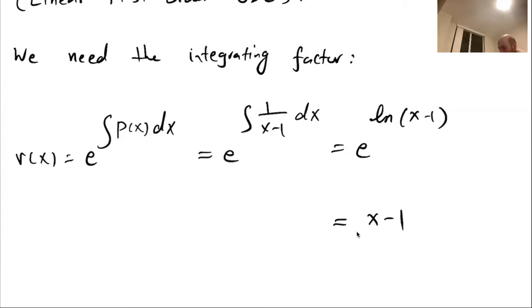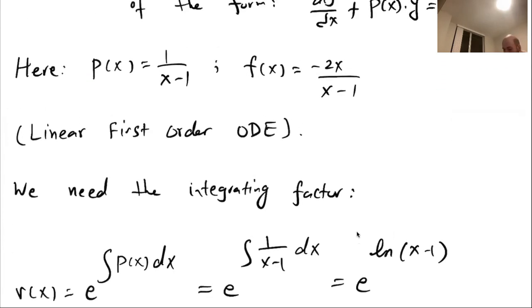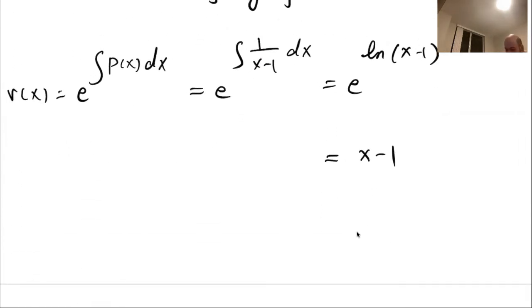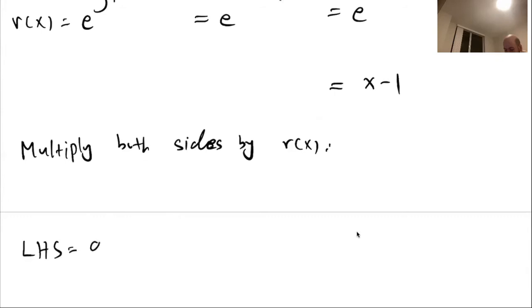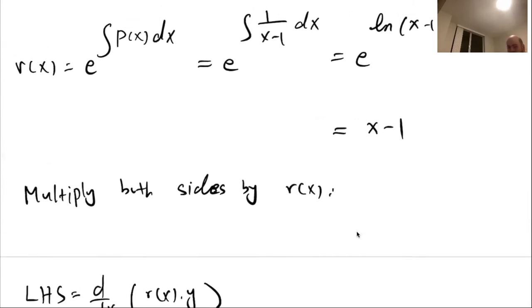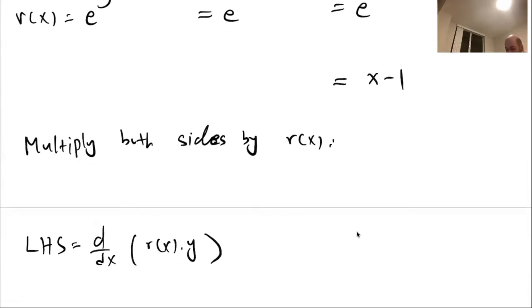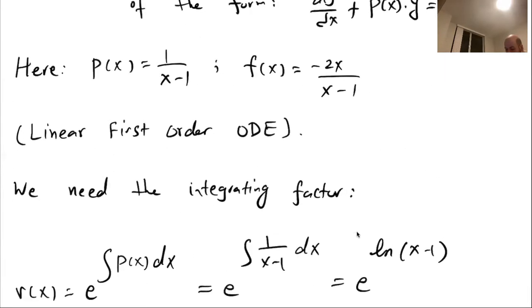And then we write the left-hand side as d/dx of r of x times y. So multiply both sides by r of x. Then the left-hand side becomes, if you remember, d/dx of r of x times y. And the right-hand side becomes r of x times f of x.